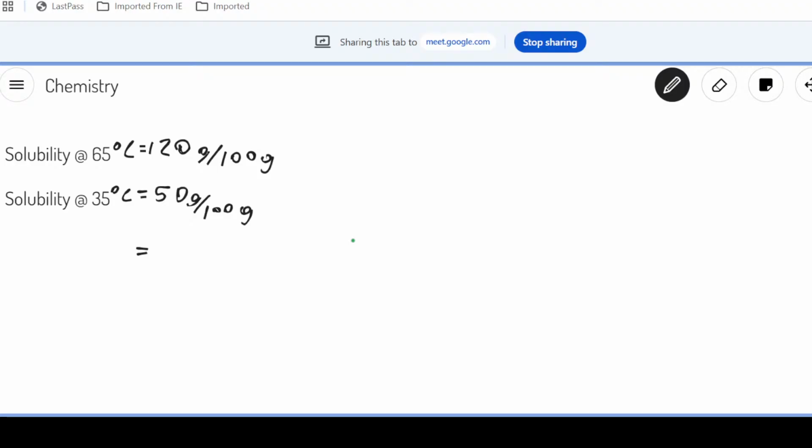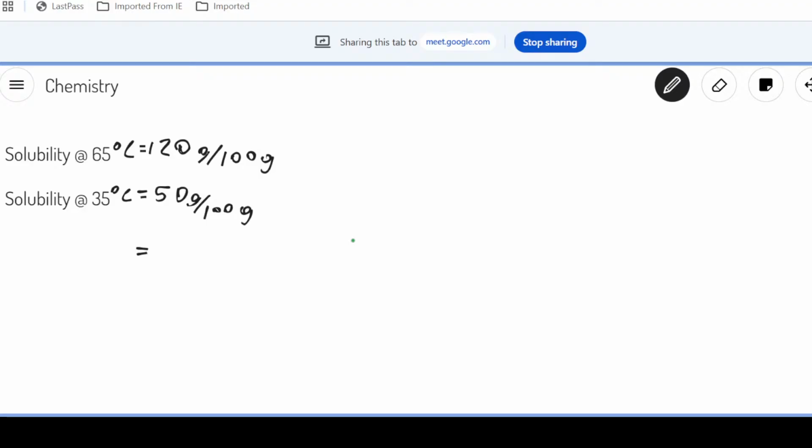There are different approaches you can take. You can say if there's 0.5 in 100, you can use a relationship to say how much would be in 1,000. Yes, you can do that. Or I could just plug it in the formula: molar concentration is equal to the number of moles over volume.